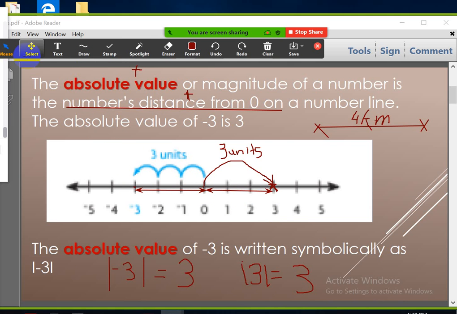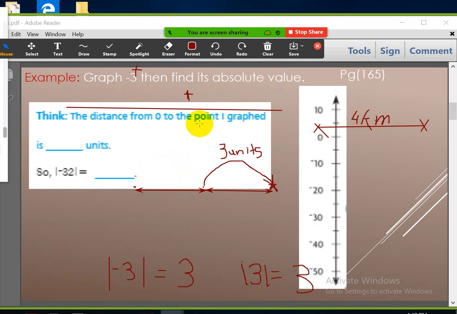Now let's take a look at this example on page 165. I have this vertical number line.